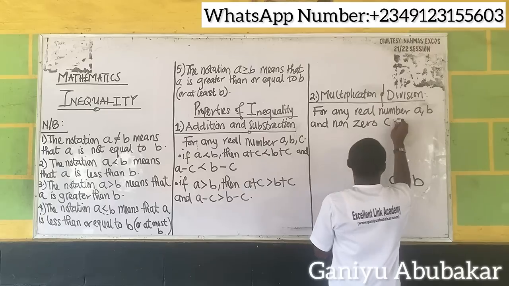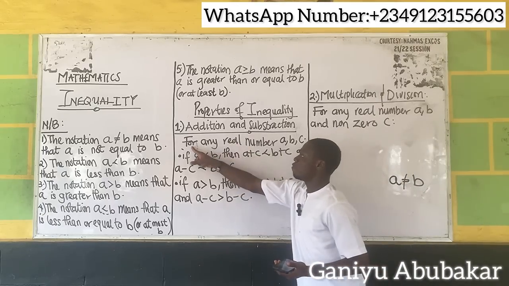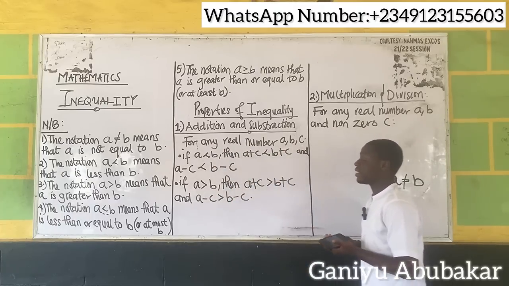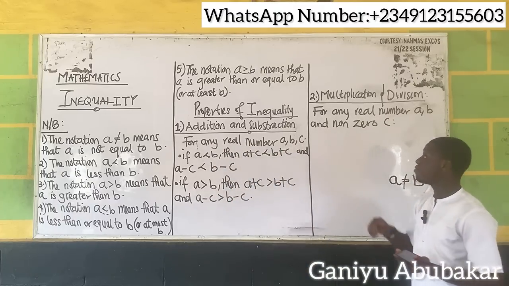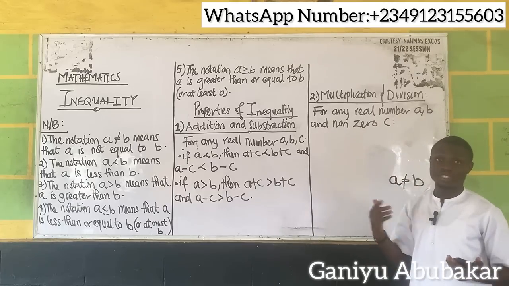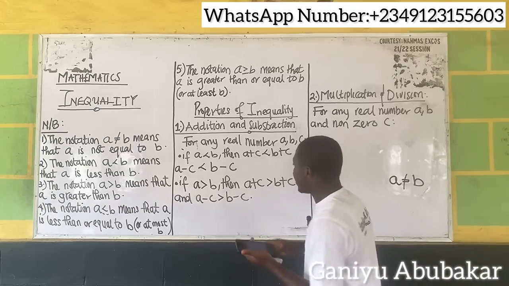When it comes to addition and subtraction, I use any real numbers a, b, c. In this case I don't have a, b, c, but I have a, b, such that my c is non-zero, right? So from here, let's get the expressions.